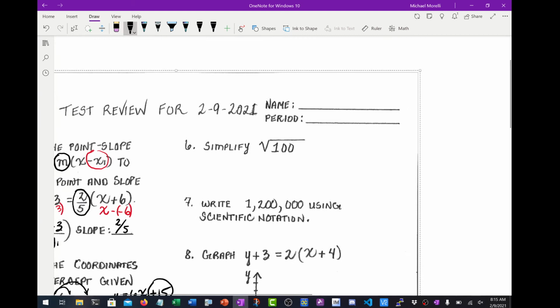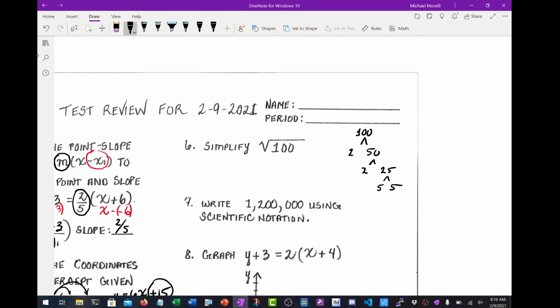Moving on, number 6, simplify the square root of 100. It's not clear to students that aren't comfortable with these questions just what we're asking you to do here, so I'll just show you. You want to take 100 and prime factor it. So that would be like 2 times 50, which is 2 times 25, which is 5 times 5.